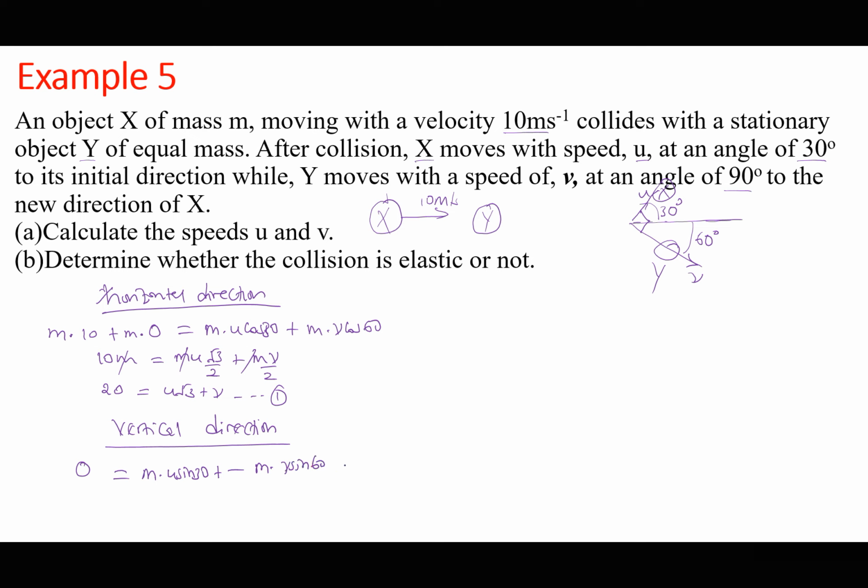V sine of 60. So in other words, m cancels out, and I have that u sine of 30 is equal to v sine of 60.